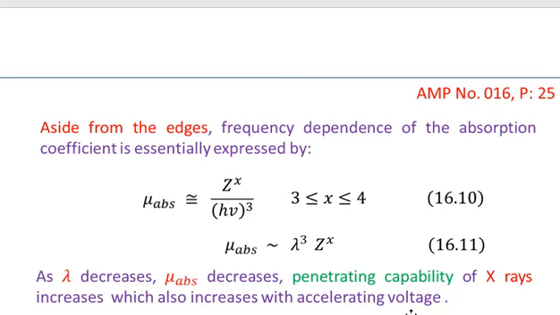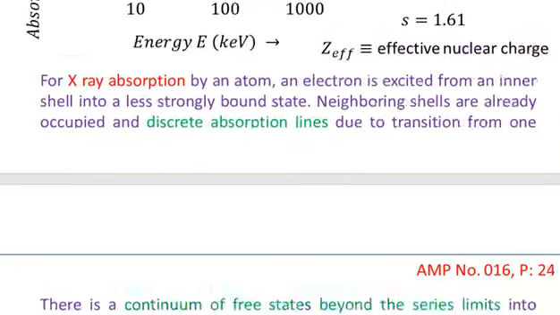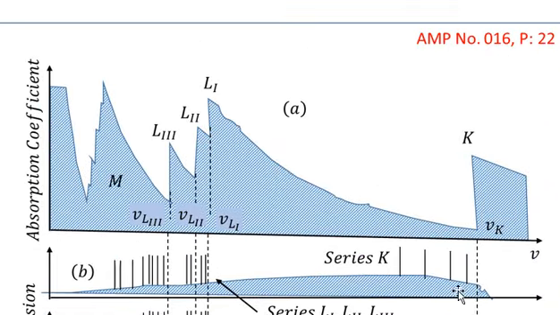So you see that when the energy of the X-rays is very high, that is, if nu is very high, then of course lambda will be much smaller for such X-rays, and then the mu absorption will decrease. So we shall notice a decrease in the value of the mu absorption with the increase in the energy of the X-rays, which is what you can notice in this region, where the absorption coefficient is going to decrease.